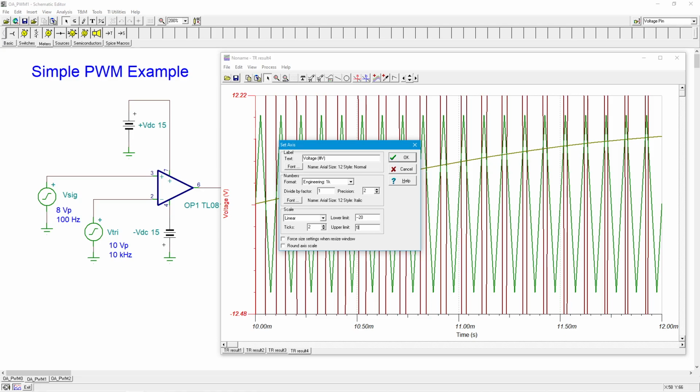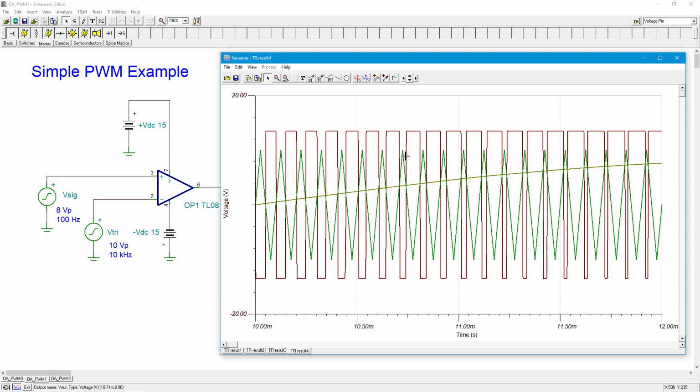Make that plain old 20. Oops, got an extra minus sign in there. All right, so when we look at this, maybe it's a little more obvious what's going on here. Actually, I think we could probably zoom in a little bit more than this. But before I do that, I got another idea.